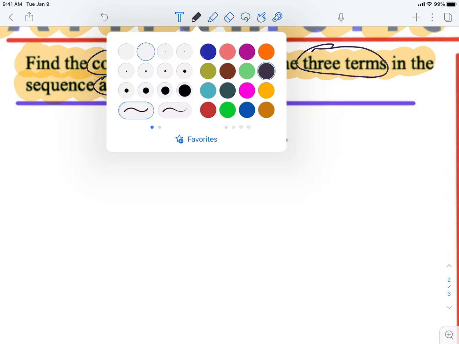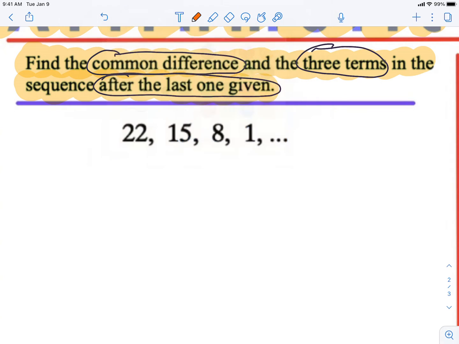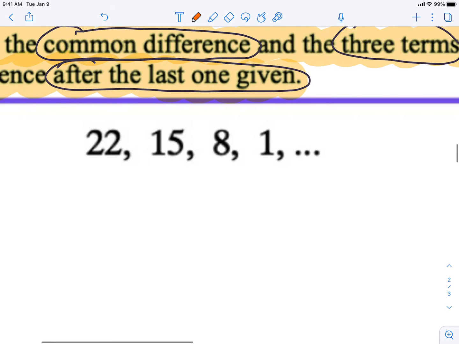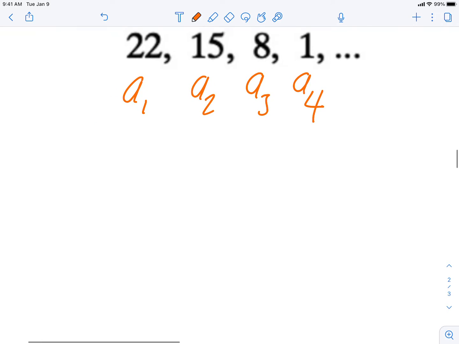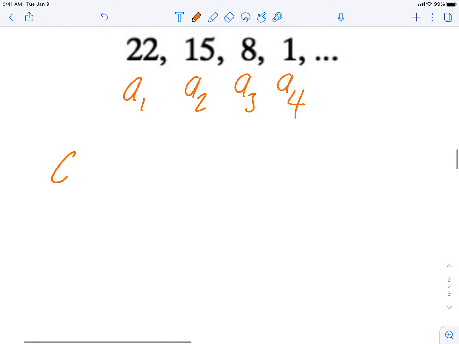So first thing that we do, of course, is we identify our terms. So this is our A1, this is our A2, this is our A3, and this is our A4 this time. All right, I have 4 terms. So let us find our common difference.